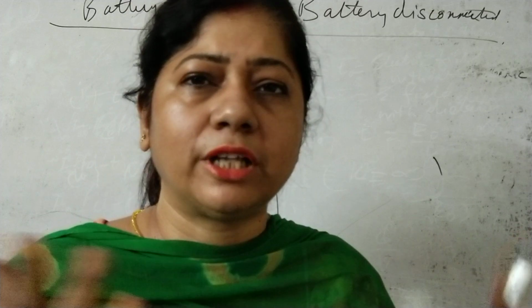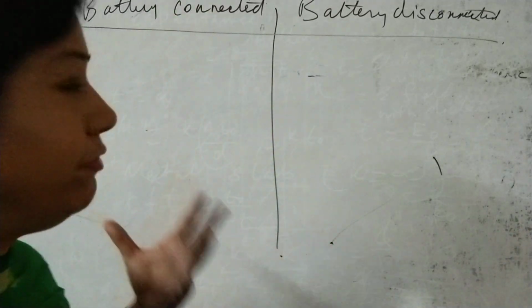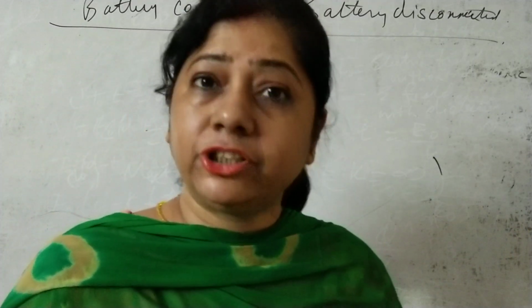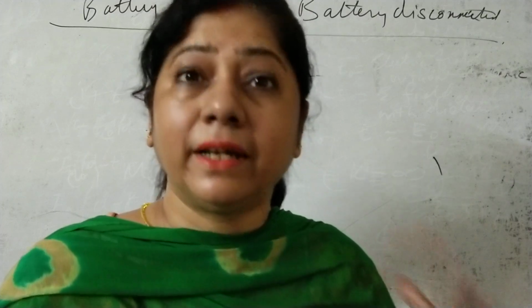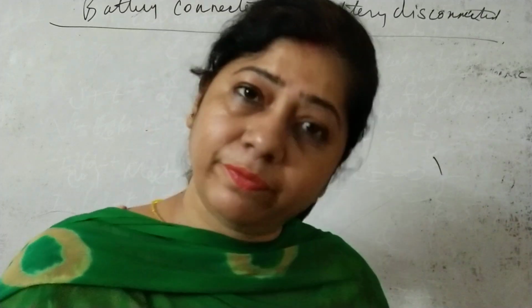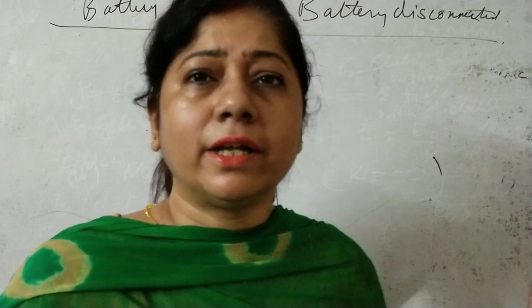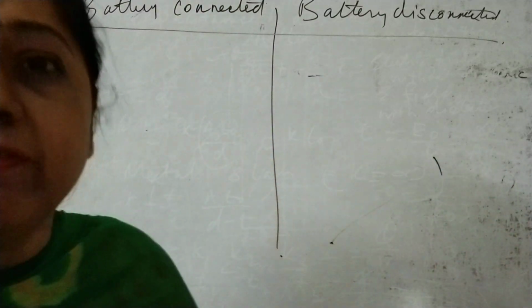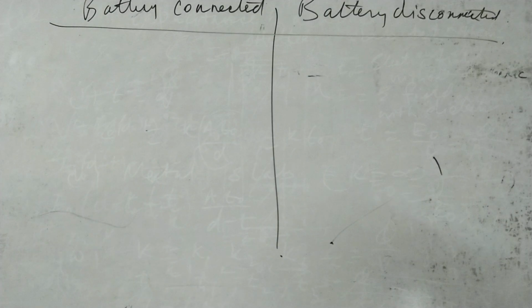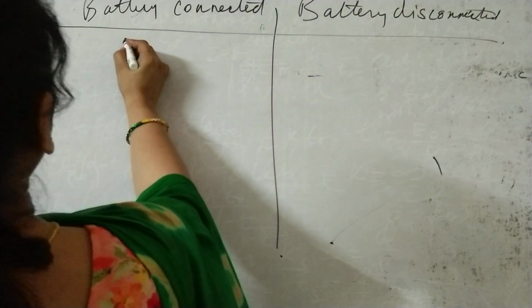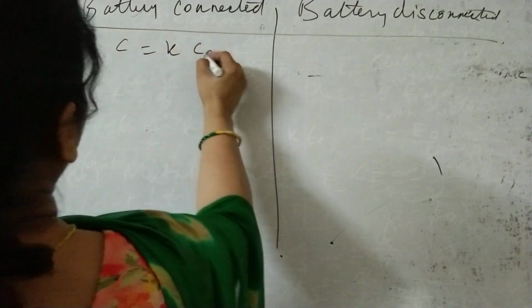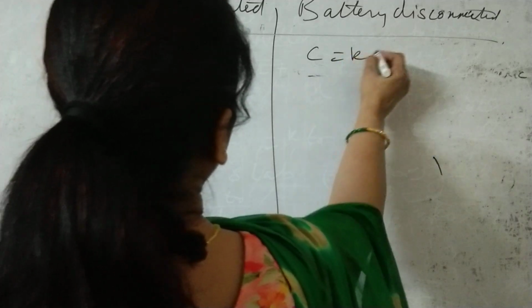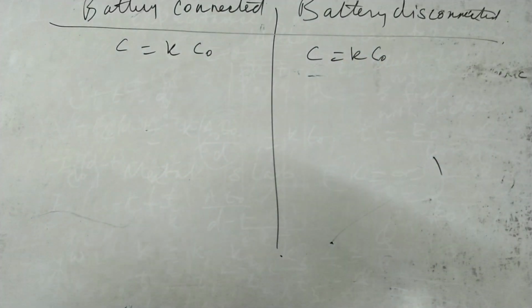If I take C as the capacitance after the dielectric is introduced and C naught as the capacitance before, then the capacitance as usual follows its own rule: C will be K times C naught. Here also C will be K times C naught.